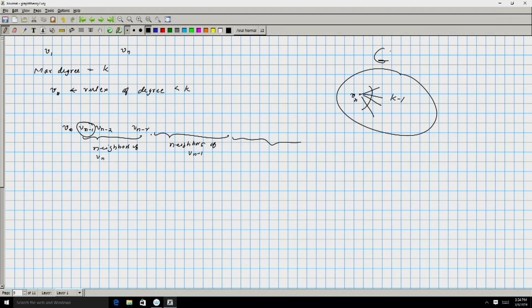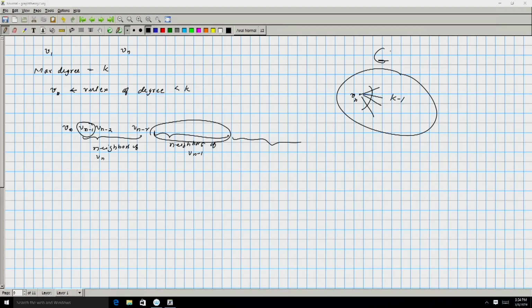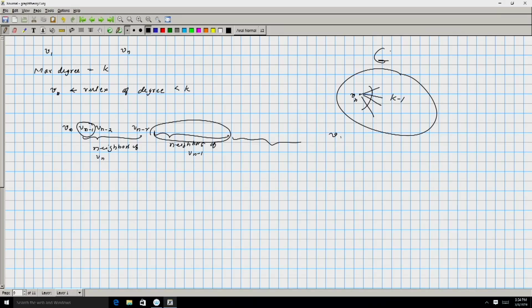So, of course, when you are writing neighbors of Vn minus 1, if there are some common neighbors with Vn, you do not include them. So, all the fresh neighbors of Vn minus 1, the neighbors which have not been included so far, are included into this block, and you do this systematically. Since it is a connected graph, this will list out all the neighbors, and finally you will get V1.